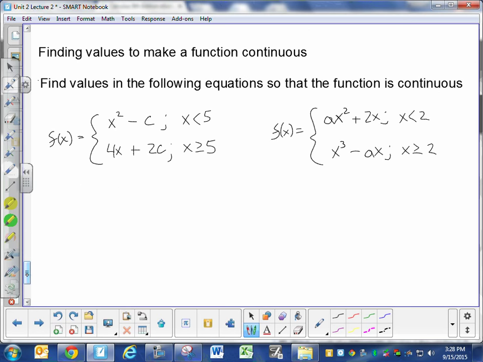Now, we will be also asked questions, and the question will give us a piecewise function, but not give us all the information. Instead, they will ask us to find a certain value so that the function is continuous everywhere.